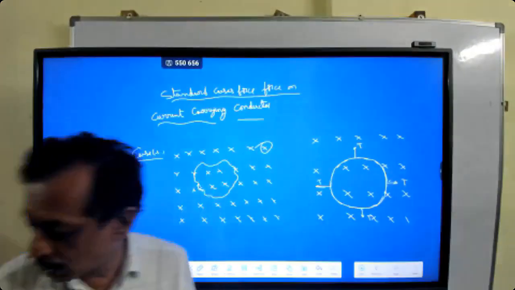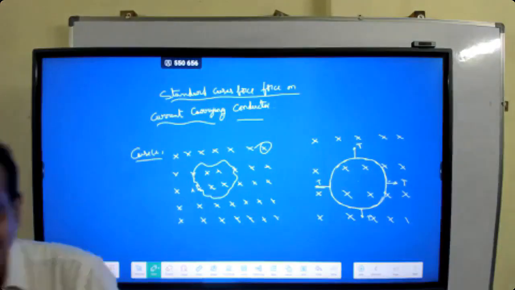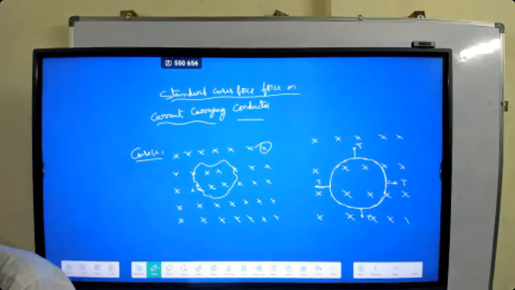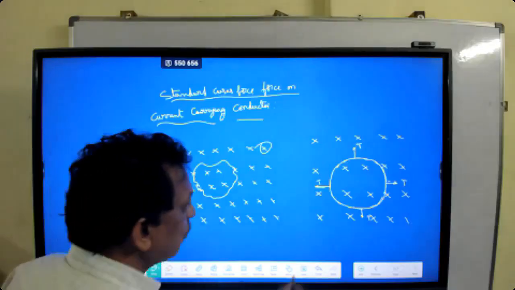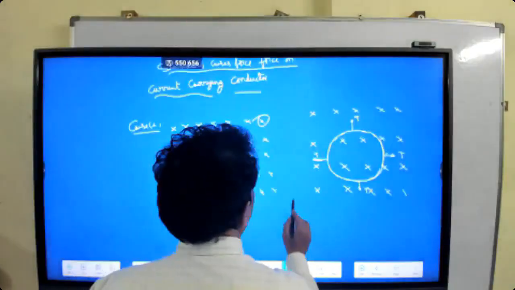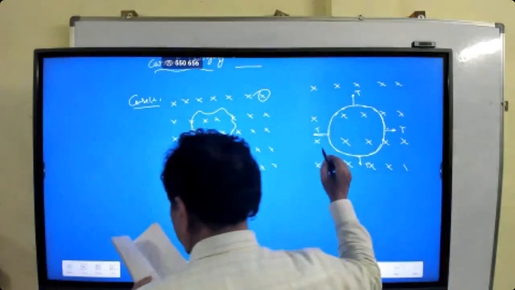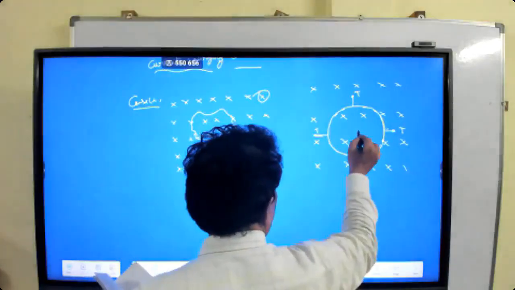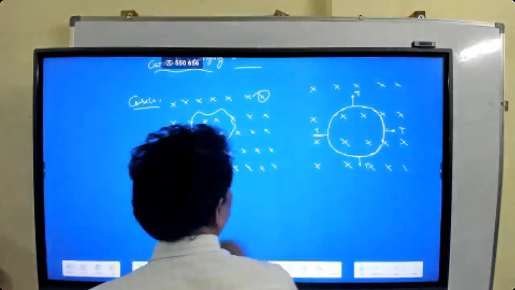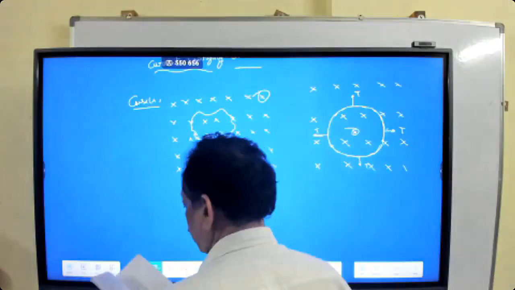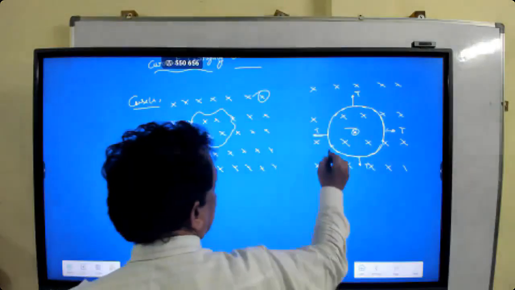It is always stretched membranes. Now, how much tension is there? You can find the tension in the closed circular part. The magnetic field is there, and at the center the current I is flowing like this.